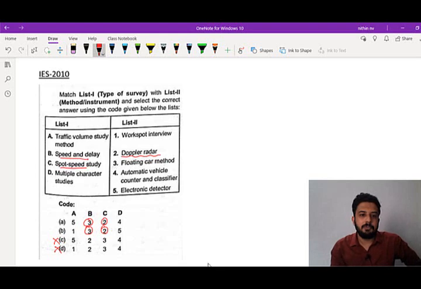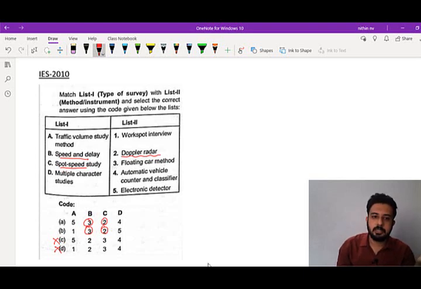Now what is remaining? Traffic volume study means traffic counting. Either we can count manually or use pneumatic tubes or electronic equipment and all for detecting. Spot speed interview, no. Floating car method, automatic electronic detector. Suppose the automatic vehicle counter can be used, but a classifier means a manual method.